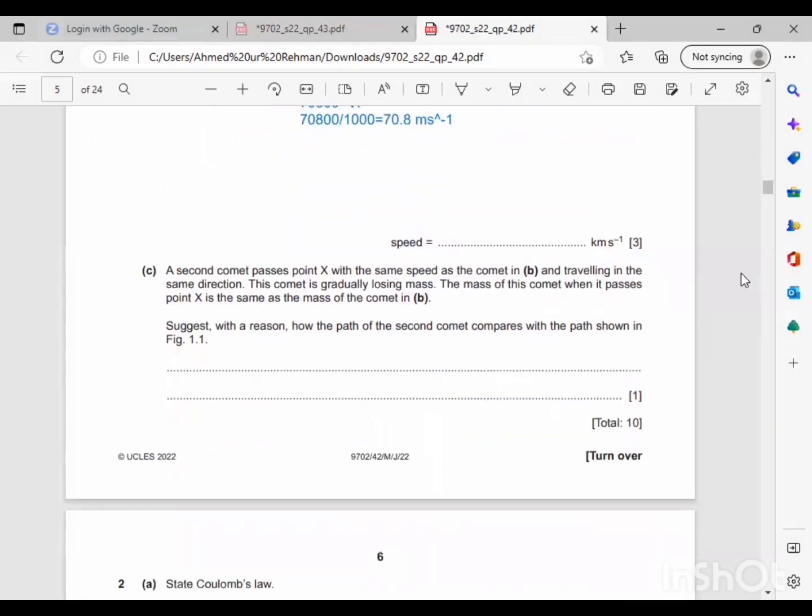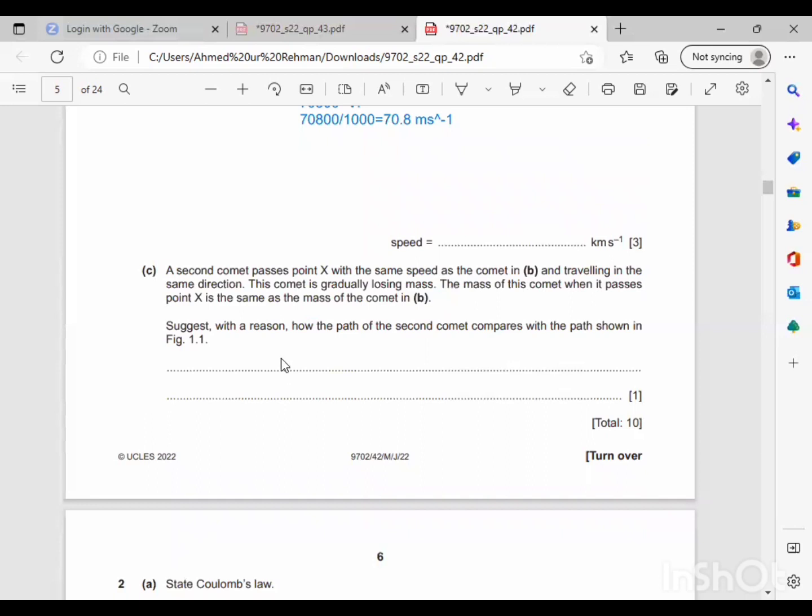Next, they're asking: a second comet passes point X with the same speed as the comet in B and traveling in the same direction. This comet is gradually losing mass. The mass of this comet when it passes point X is the same as the mass of the comet in B, but it's still losing mass. They're saying, suggest a reason how the path of the second comet compares with the path shown in figure 1.1.